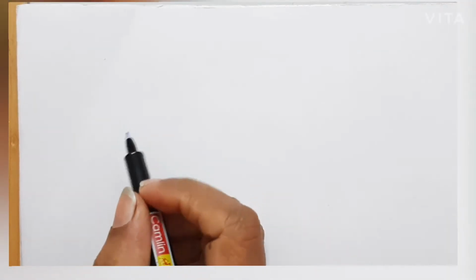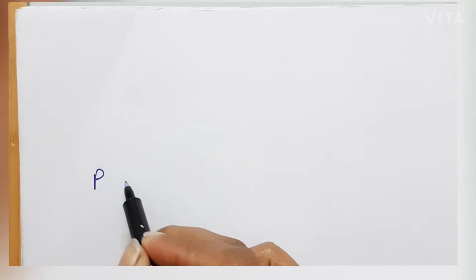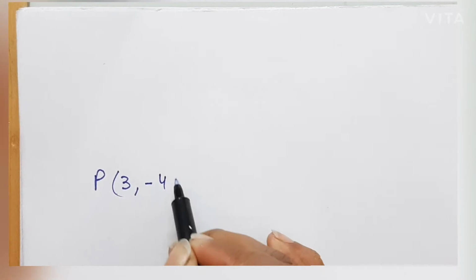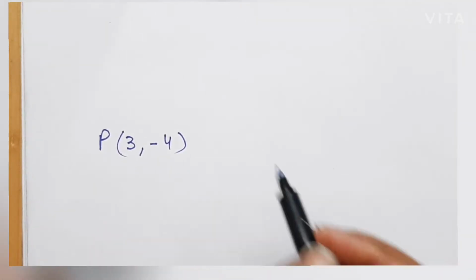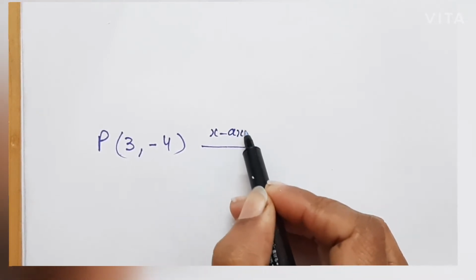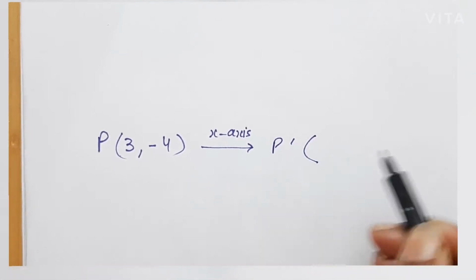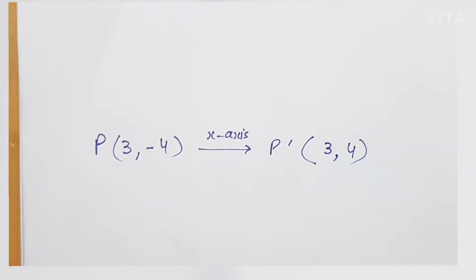Let us consider an example. Let a point P be 3 and minus 4. So, when you reflect this point 3, minus 4 in x-axis, then it will become P dash 3 and 4. Clear?